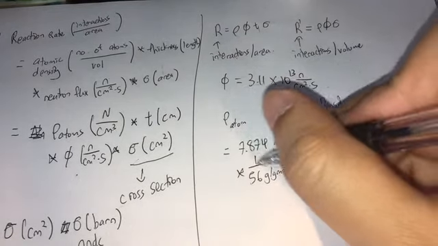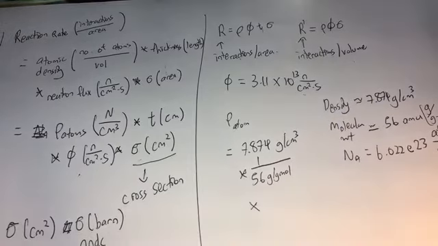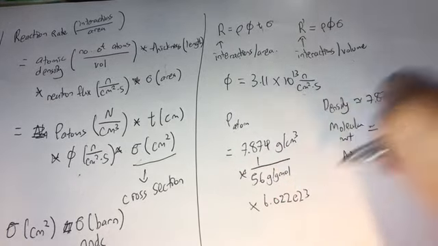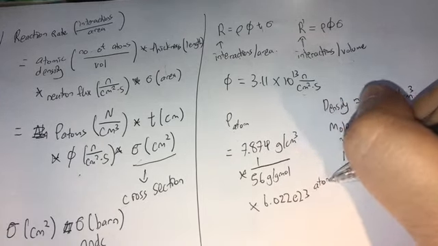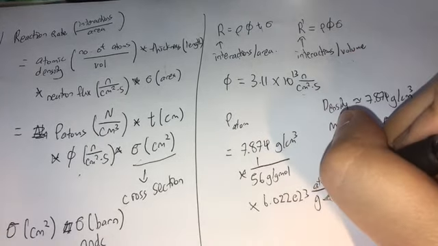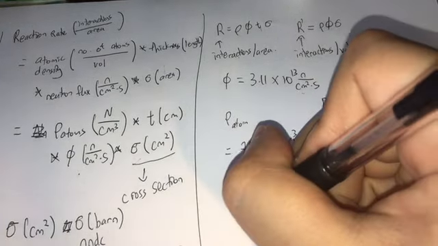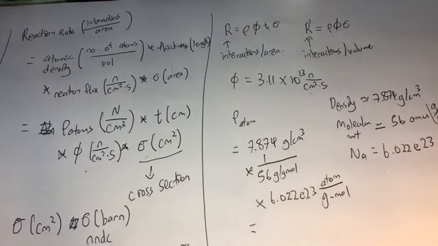Now that we have moles per cm cubed, we just need to multiply by Avogadro's constant, and then we can get the atomic density.